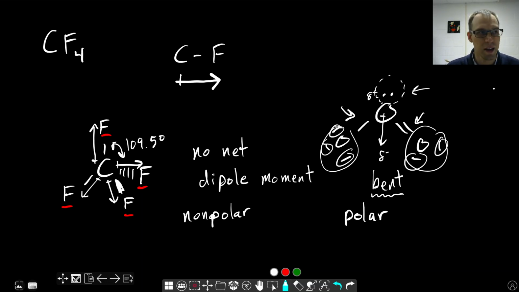But again, the key being that with CF4, you can have very polar individual bonds, but if the molecule is symmetric, they're all going to cancel out and you get no net dipole moment. Whereas you can have nonpolar bonds like in O3, but if the molecule is not symmetric and has that bent geometry, that can lead to it being a polar molecule.